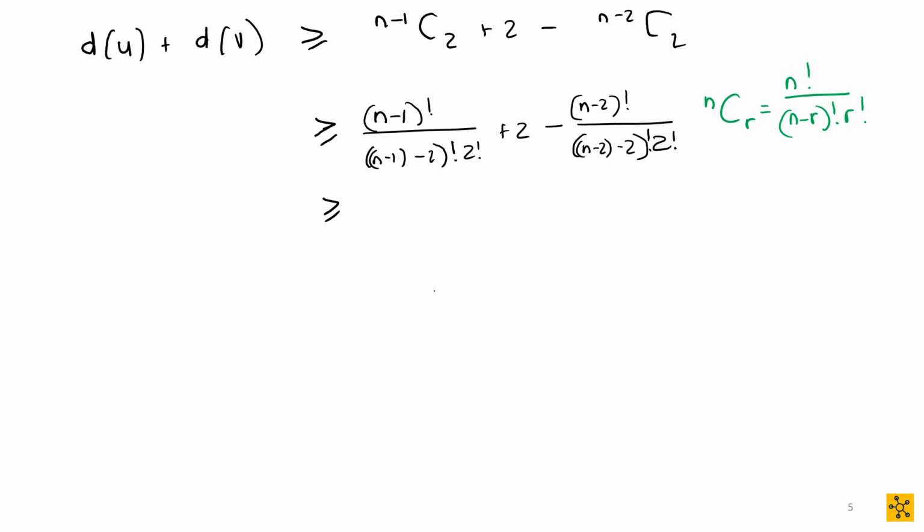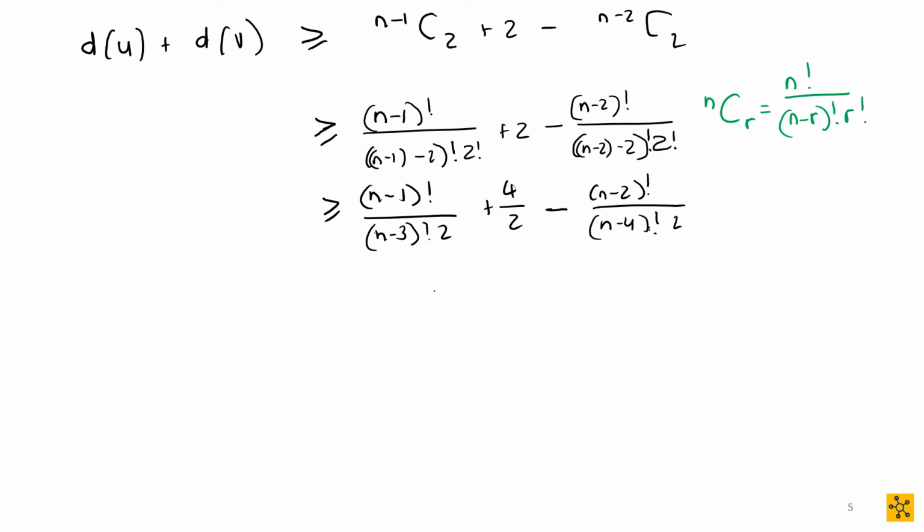Okay, so let's just simplify this a bit. n minus 1 factorial over n minus 3 factorial, and 2 factorial is just 2. We have 4 over 2, plus, well, minus n minus 2 factorial over n minus 4 factorial, all divided by 2. Okay, so now we get to try and simplify things out.